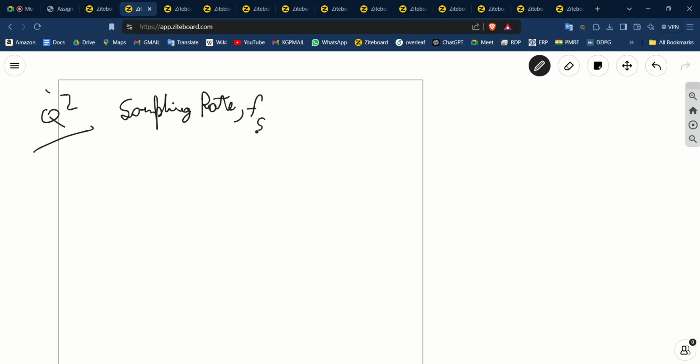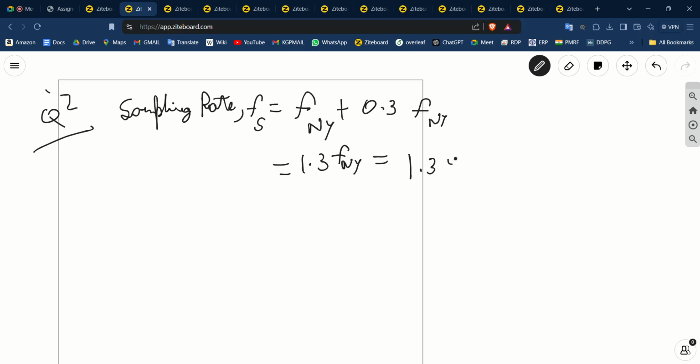The sampling rate Fs is 30% above the Nyquist rate. So it is the Nyquist rate plus 0.3 of the Nyquist rate, so 1.3 times the Nyquist rate. And what is the Nyquist rate? The Nyquist rate is nothing but twice the bandwidth. So this is 1.3 into 2 into bandwidth, so 2.6 times the bandwidth.